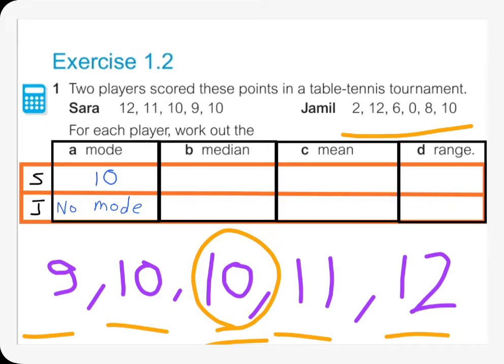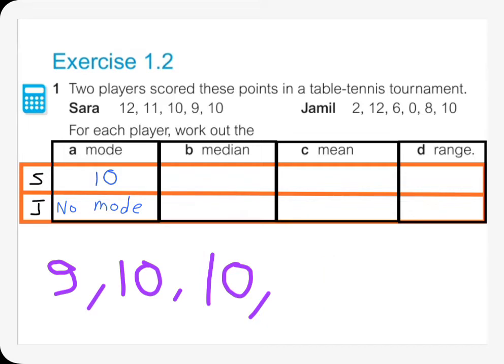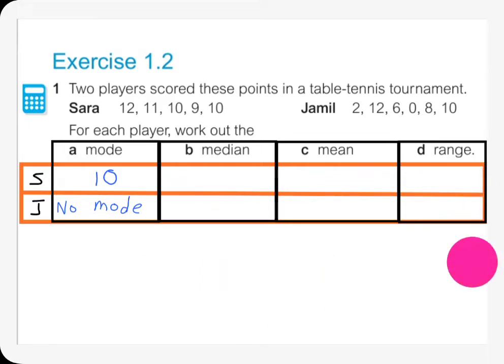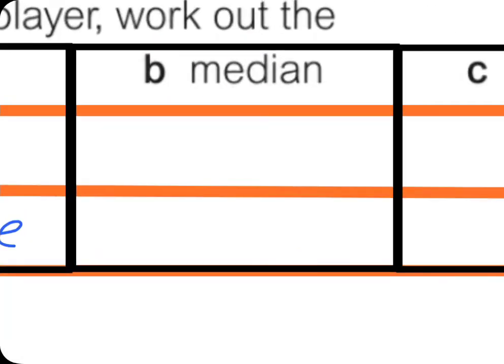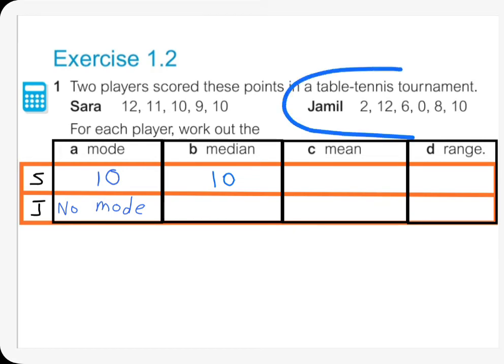First, let's write the answer for Sarah. The median is the data in the middle. Sarah has 10 in the middle. Let's remove these and write the answer. So we write 10.